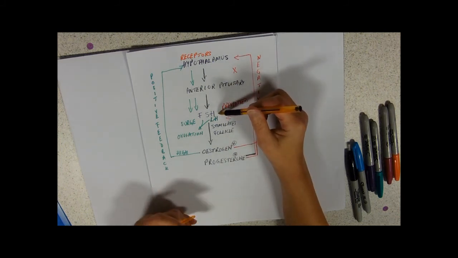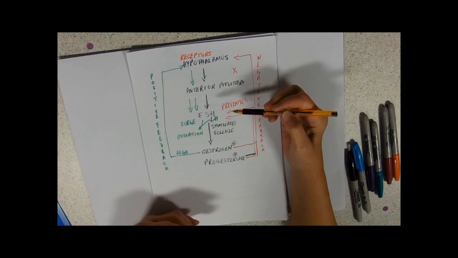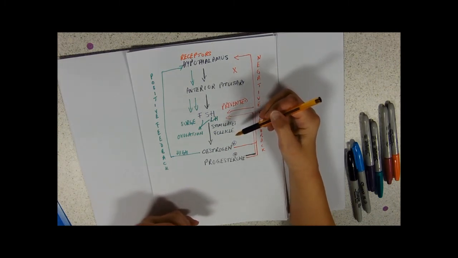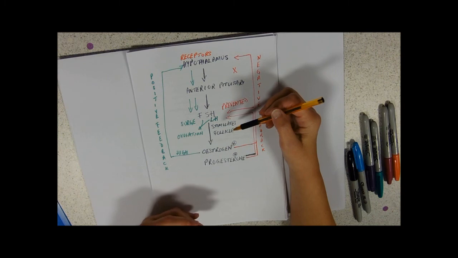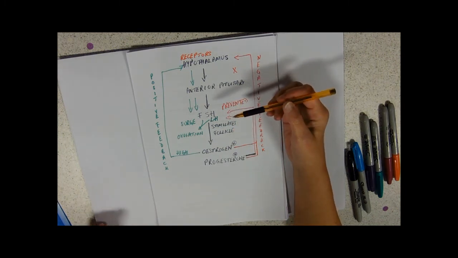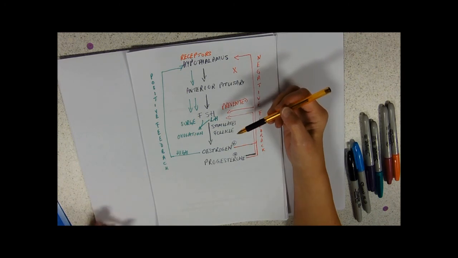Without FSH being released, there's no follicles stimulated to develop. If there isn't a developing follicle, then the primary oocyte isn't changing into a secondary oocyte. There'll be no ovulation because there will be no oocyte to release, and without an egg you can't get a fertilisation. So that's how it works as a contraceptive.